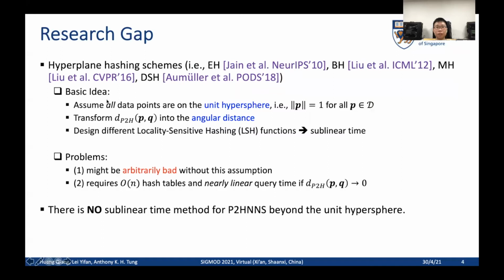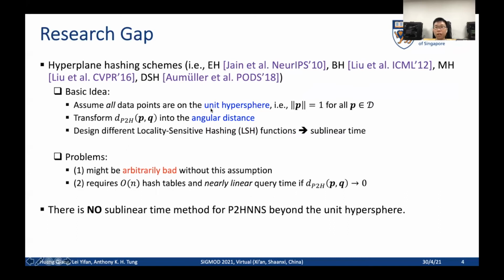Their basic idea is to assume all the data points are on the unique hypersphere. For example, the L2 norm of all data points is normalized to 1, and then the point to hyperplane distance can be transformed into the angular distance. So they could design different locality sensitive hashing functions to achieve sublinear time for this challenging problem.